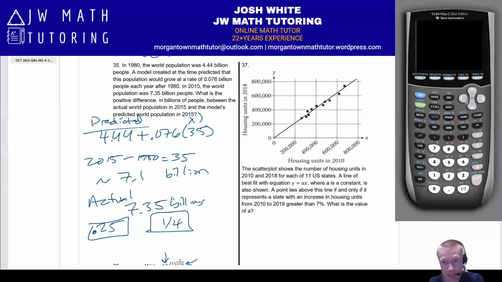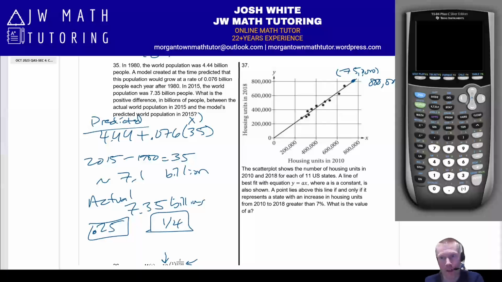Notice that first of all, this line is y equals ax, meaning its y-intercept is 0. So what that means is, technically, if you take any point on the line, like just pick this random point right here, okay? It's like 800,000 is the y value, and the x value is, say, 750,000.